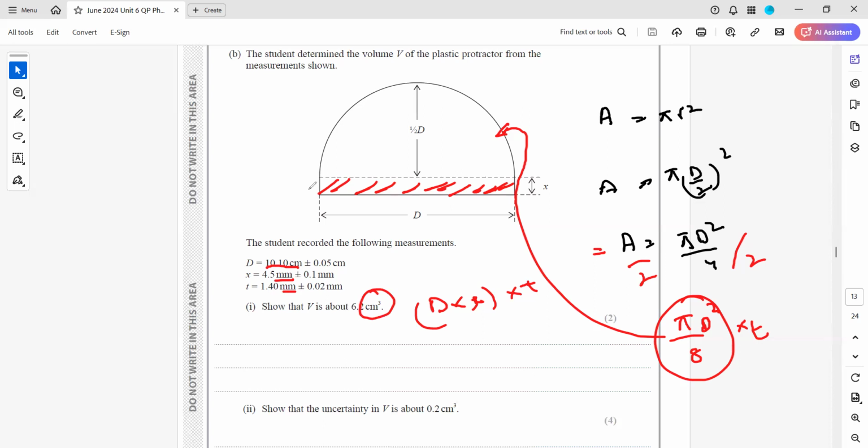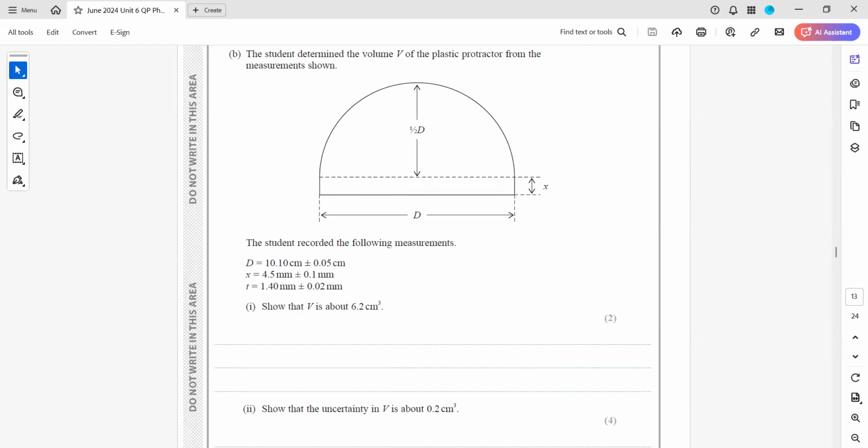Is it clear how we'll work out the volume? Then we just have to add them. Yes, that's right.